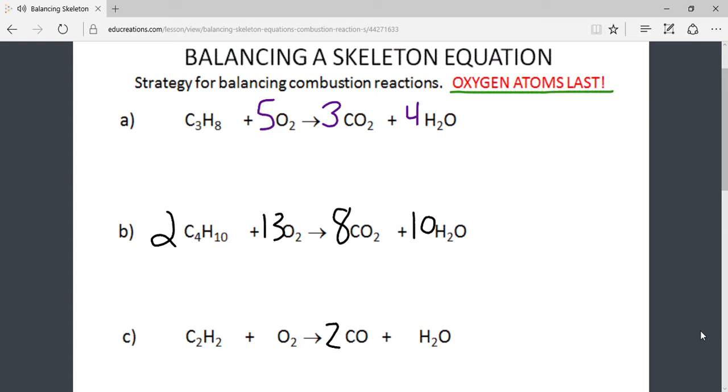Let us now look at oxygen. We can see that the oxygen appears in 2 places again on the product side. Therefore, 2 times the 1 oxygen that was present creates 2 oxygen for the CO. There is also an additional oxygen present from the water. 2 plus 1 creates 3 on the product side for oxygen.